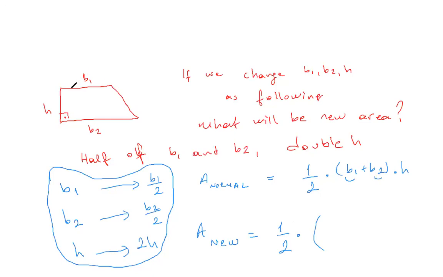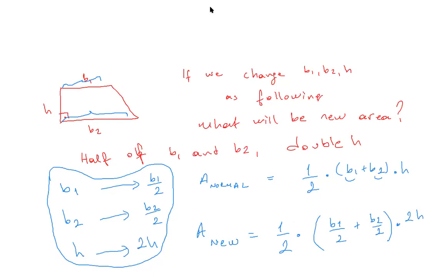What is B1? B1 is upper base, B2 is lower base. So we said that B1 is half, so B1 over 2, plus B2 is also half, B2 over 2, times altitude is 2H. Till here, any question?